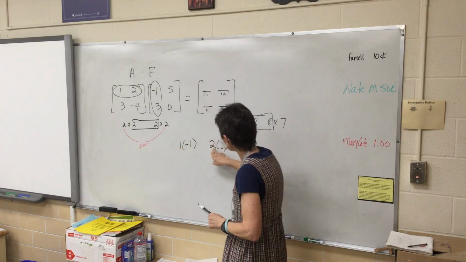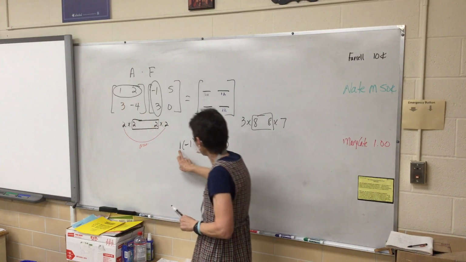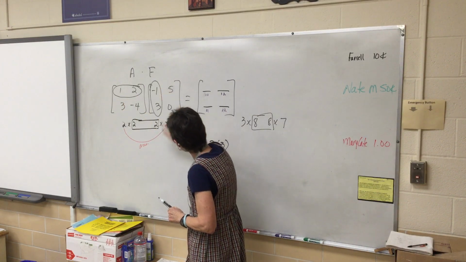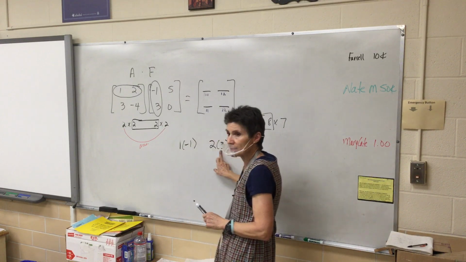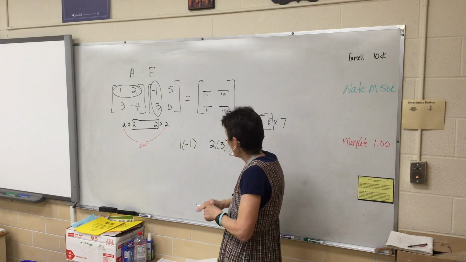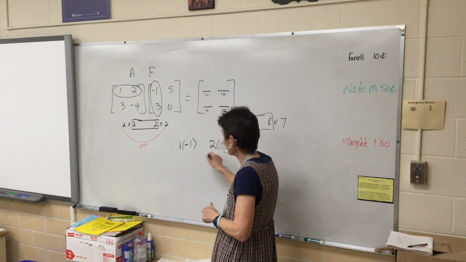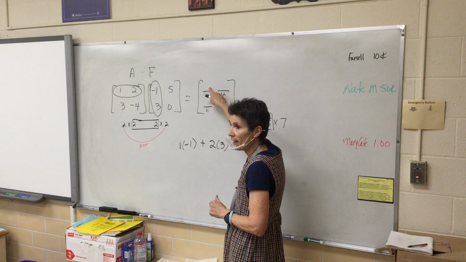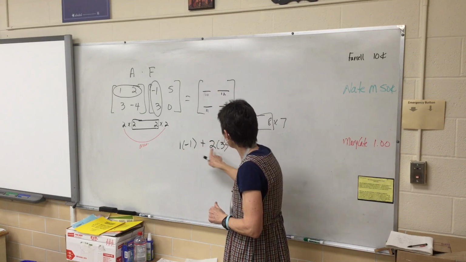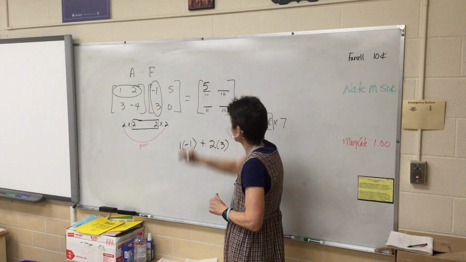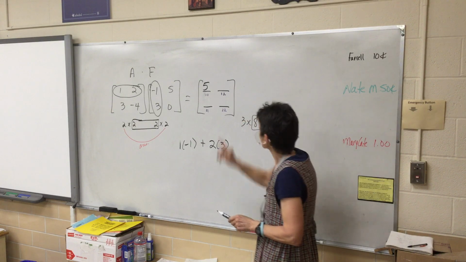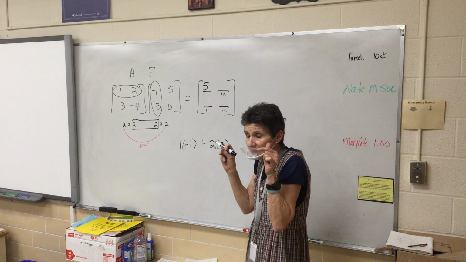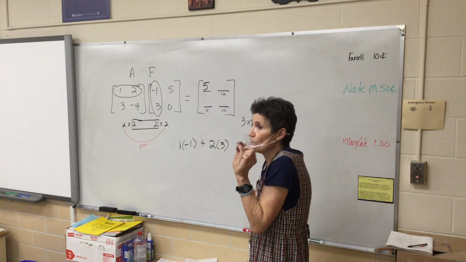So 1, 2 is my first row, so I write down 1, 2. And then I write down my first column, -1, 3. I multiply each pair and add them together, and that's the number that goes in this spot. So that's -1 plus 6, that number is a 5. It's not 5/11ths, that's not a fraction. I just labeled it so that I would know that's first row, first column.